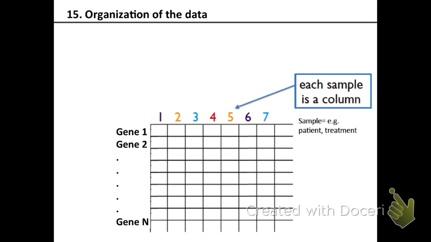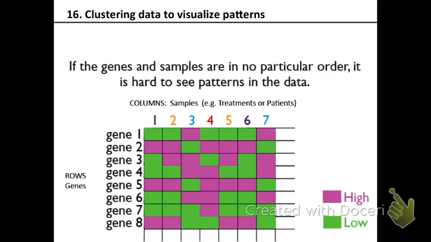How do we see that? Let's say in this example, in this data matrix, we have 8 genes, and we analyze the expression in 7 people.